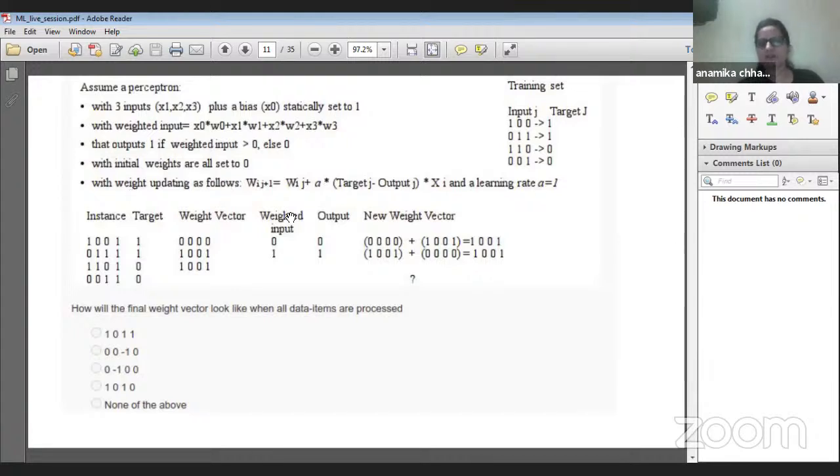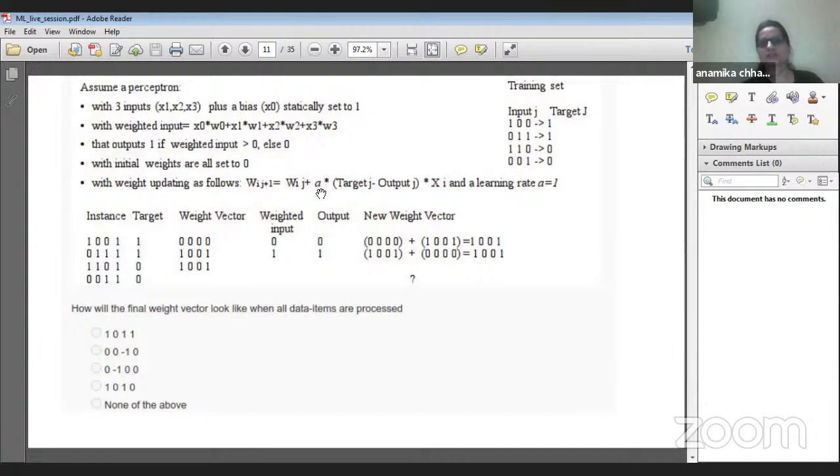And how do we update the weights? This is again given, but you should know that as well, because sometimes it might not be given in the question. So w_ij plus 1 is the new weight, and w_ij is the old weight. Alpha is the learning rate. If you would have heard of it, learning rate is how fast the learning should happen.